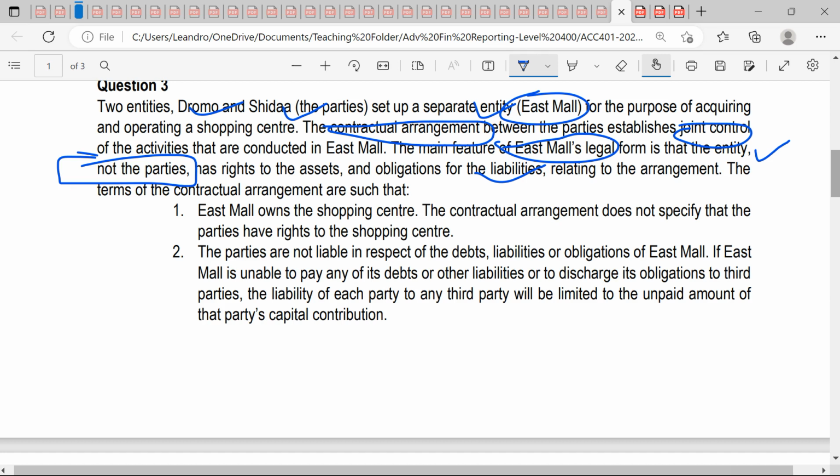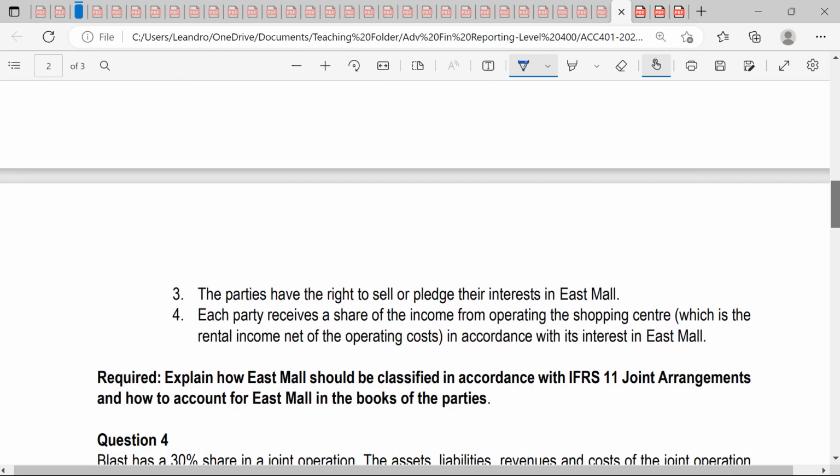If it is not a limited liability, it means when Eastmore is in trouble, Dromo and Shida must be arrested and charged. But here they have relinquished the right to the assets and the obligation to the liability to the separate entity. So they, as parties, are not interested in the assets and liabilities of the separate entity. And then again, we are told that the parties have the right to sell or pledge because their interest is only in the net assets.